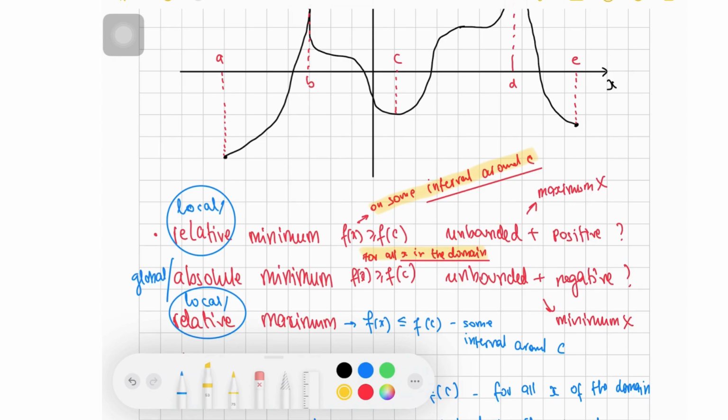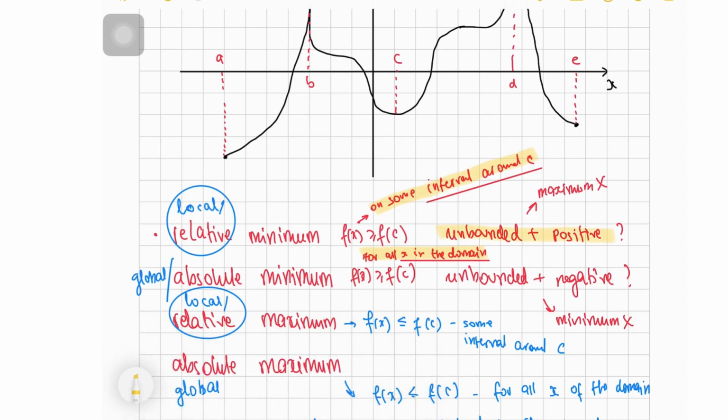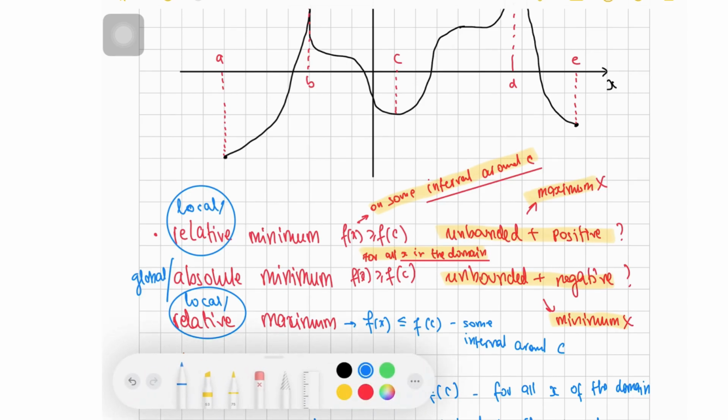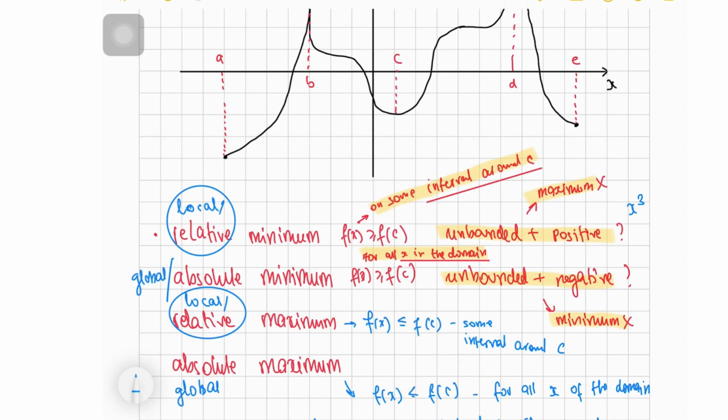We have unbounded and positive. So if the function is unbounded and positive, then it cannot have a maximum. And if the function is unbounded and negative, then obviously it cannot have a minimum. You can always think about the function, one of the easiest functions in this context is x cubed.